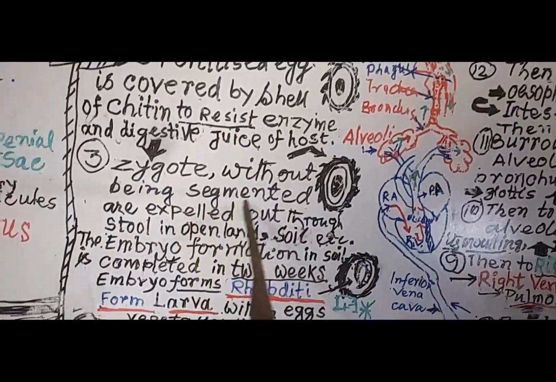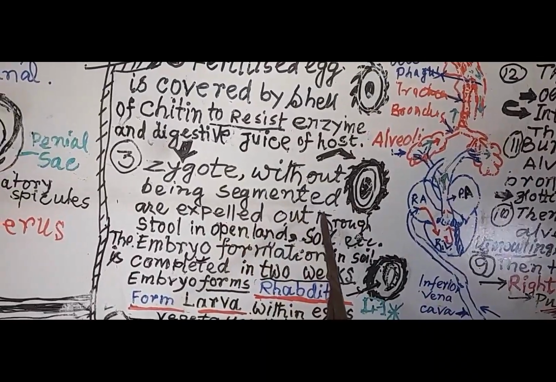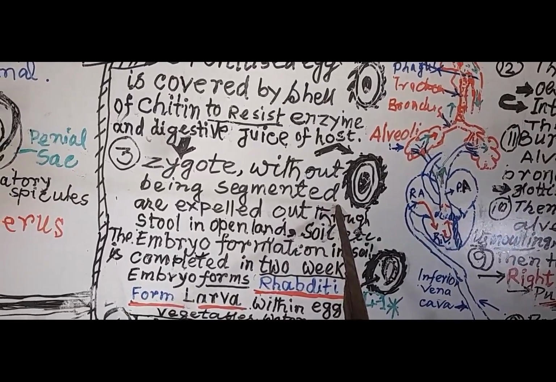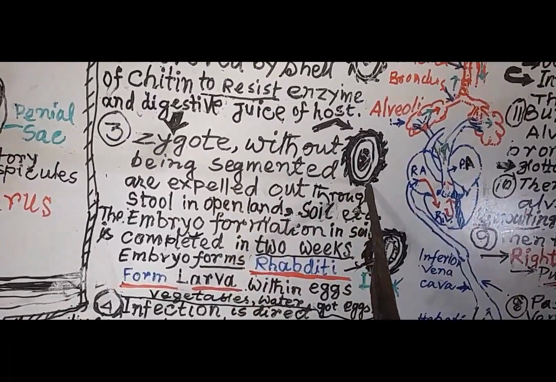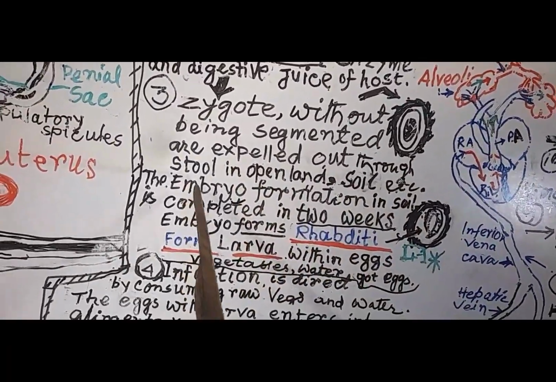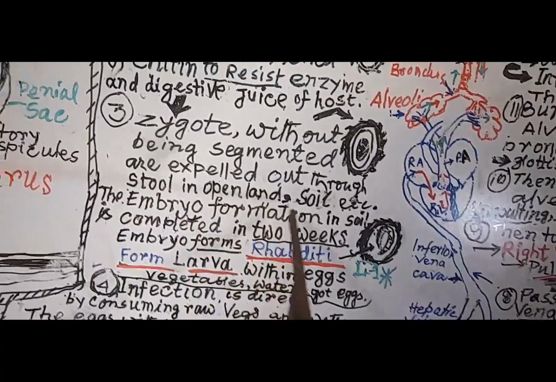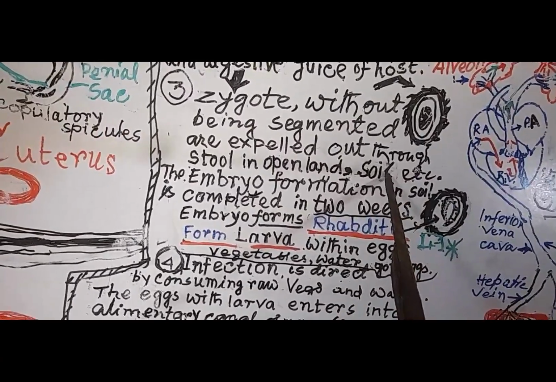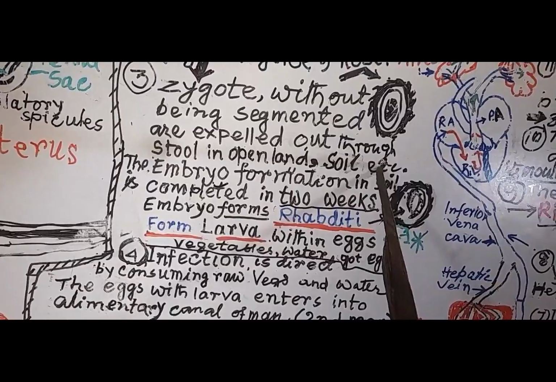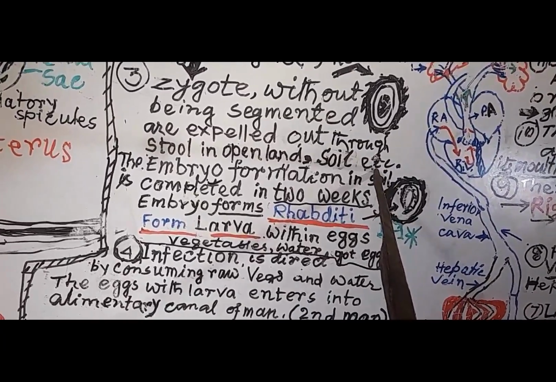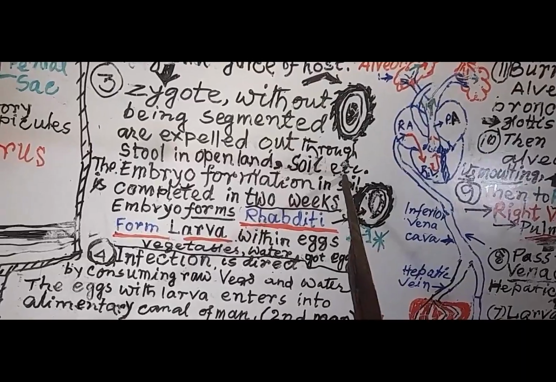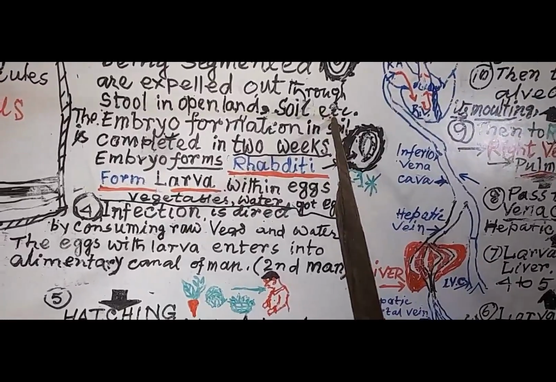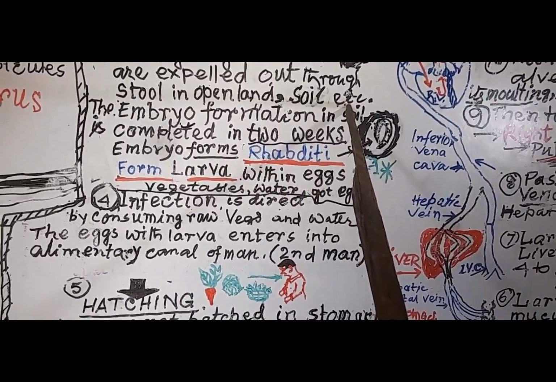The zygote, without being segmented, that means it does not form the morula, gastrula, etc., is expelled in this form through the stool onto open land, soil, etc., where sanitation is not well maintained, that is, in the villages, where people go for latrine in open spaces.